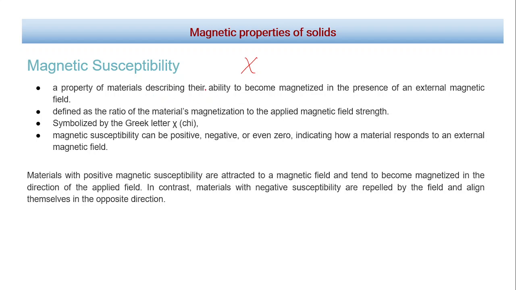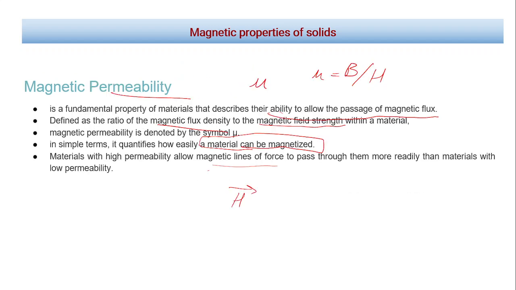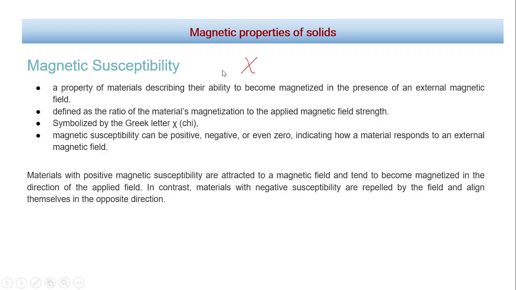Even though susceptibility and permeability sound similar, there are small differences. Magnetic permeability we usually keep in terms of how easily it allows the magnetic lines of force to pass through it, and susceptibility is its ability to become magnetized.